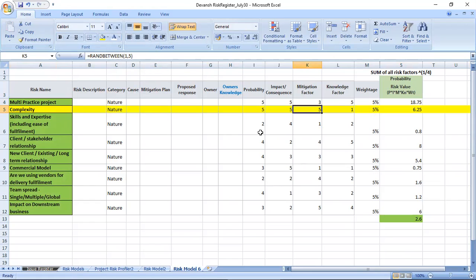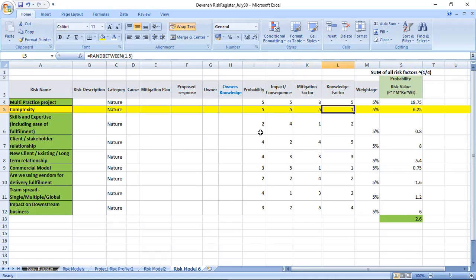Now, to mitigate this risk, I need to have high quality of people. Maybe if they are not available in the organization, I might have to hire them. And as they are experts on certain things, they might not be readily available. The cost will be high, the joining time will be high, correct? The training will be difficult. So the overall mitigation factor, the effort it's going to take, will be high. So I mark it 5.